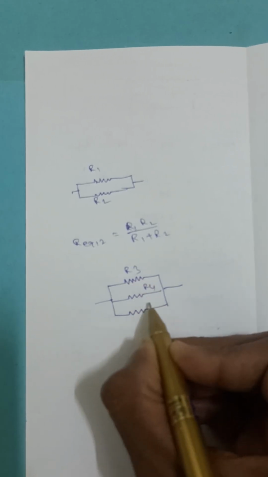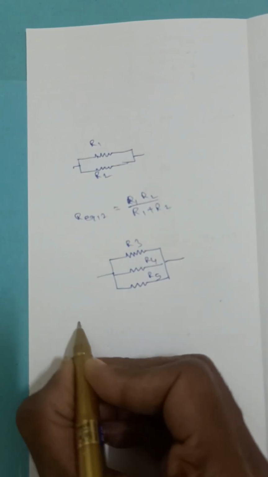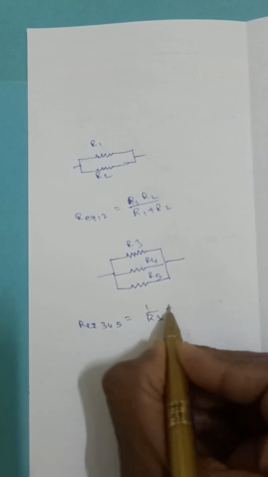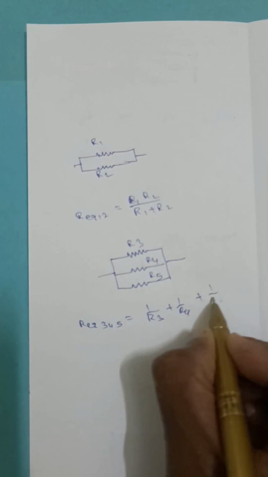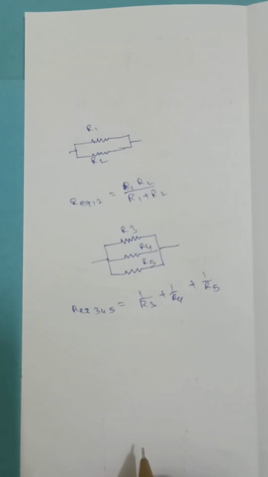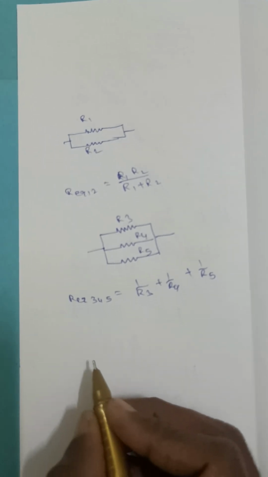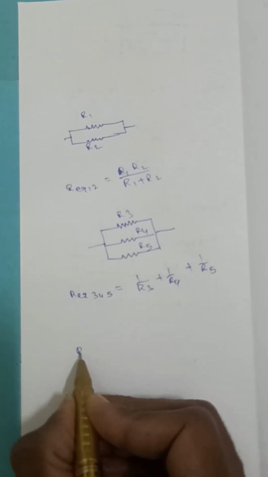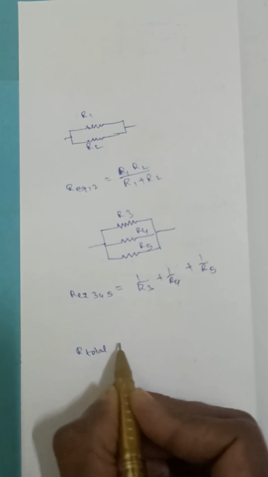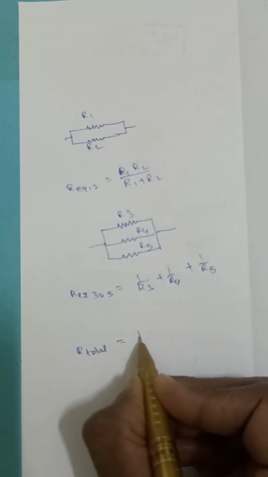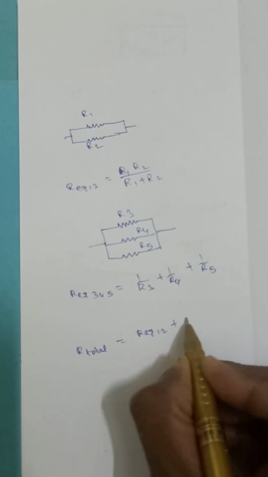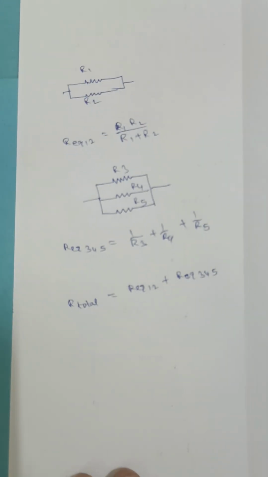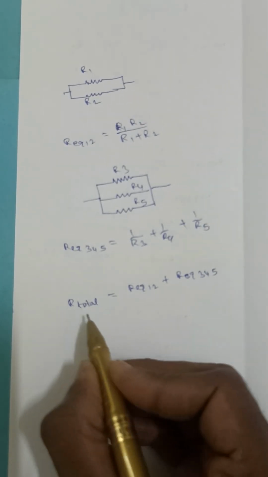So use the formula R equivalent 3 4 5 is equal to 1 by R3 plus 1 by R4 plus 1 by R5. So afterwards total resistance R total is equal to R equivalent 1 2 plus R equivalent 3 4 5. Use these formulas for A question.